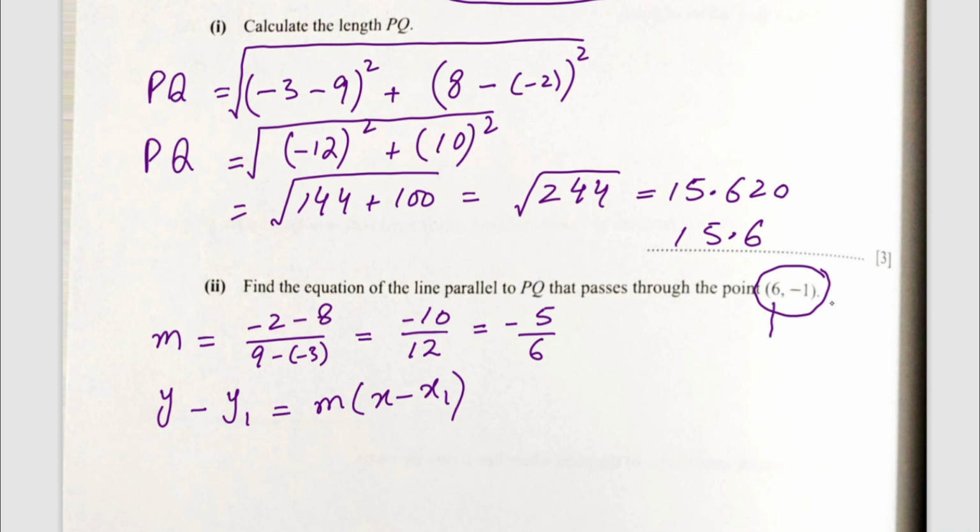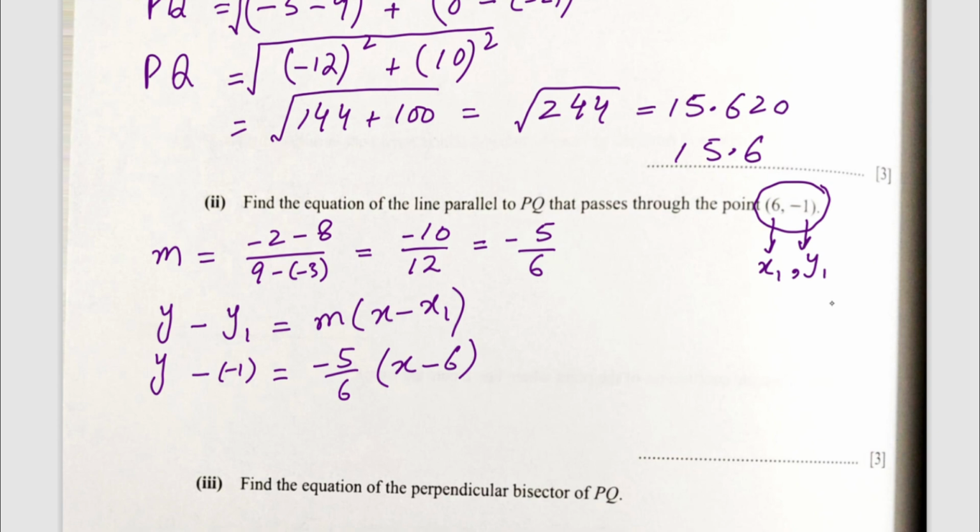This coordinate point we will consider as x1 and y1. So y - y1, y1 is -1 and m is -5 over 6, x - x1. Sorry, x will be as it is, and x1 is 6.